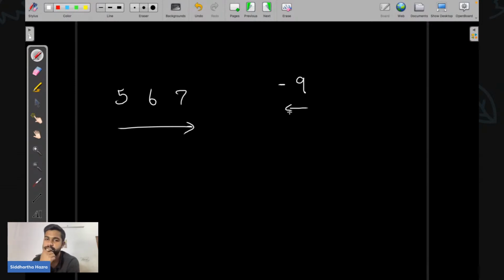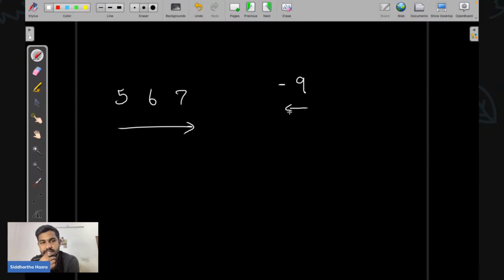So see, what would happen is, suppose there are some rights there, and now comes a left. Let's suppose we have 5, 6, 7, everyone moving in the positive right-hand direction. Now we have a -9, which is moving in the left direction.